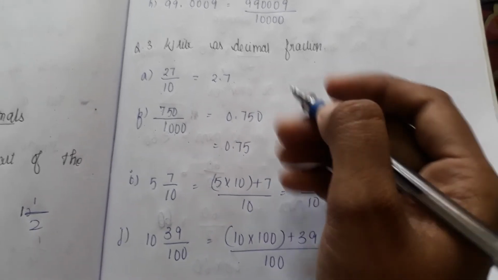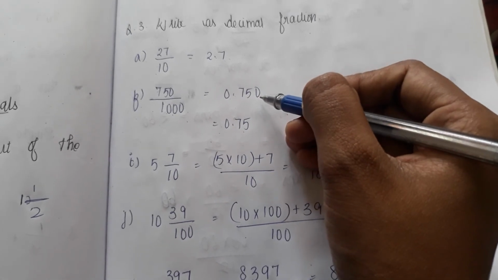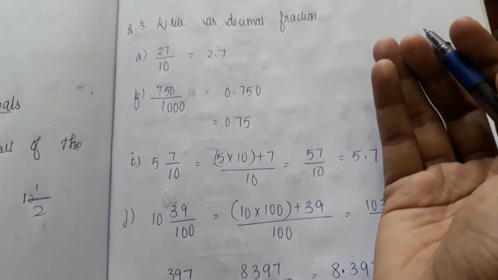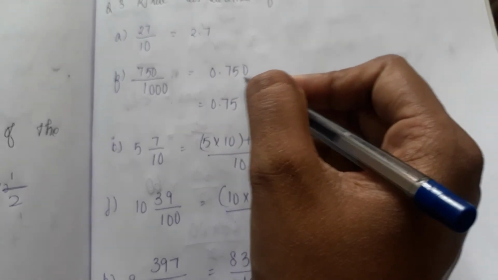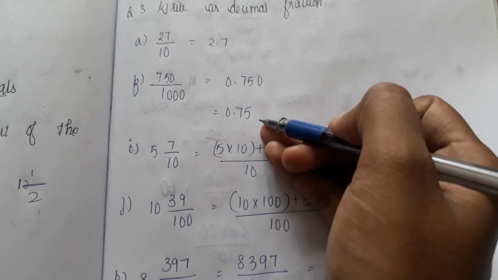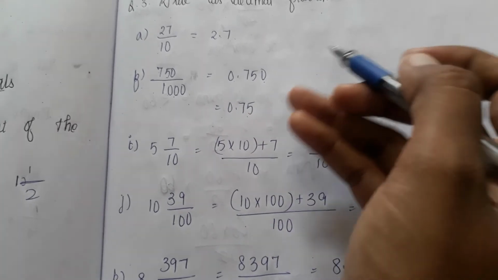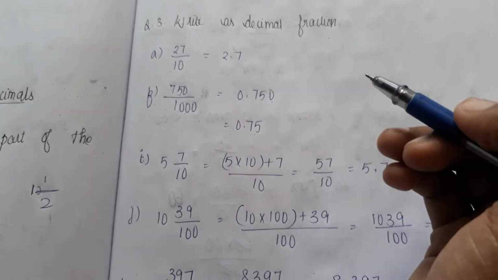And one more thing I am saying: after the decimal point, if zeros are at the very end, you can neglect them. So here you can neglect this 0 and write it as 0.75 also, no issues. Both are correct.